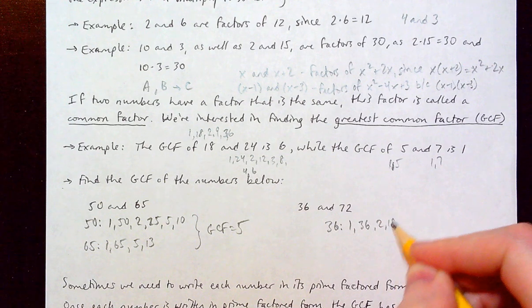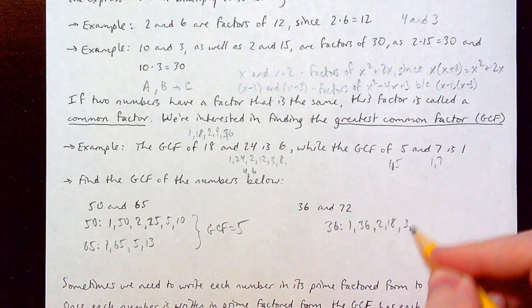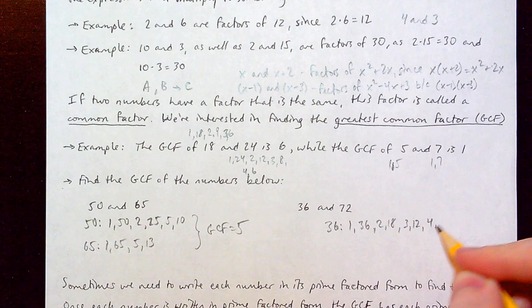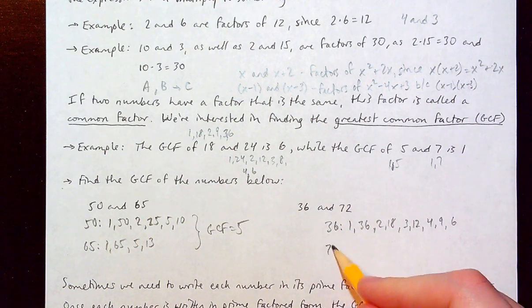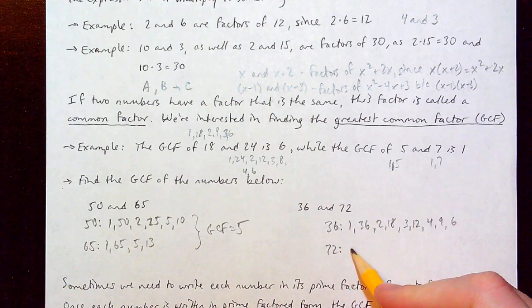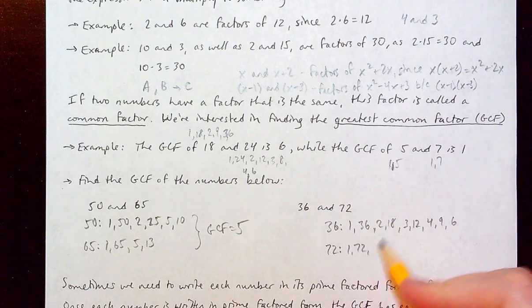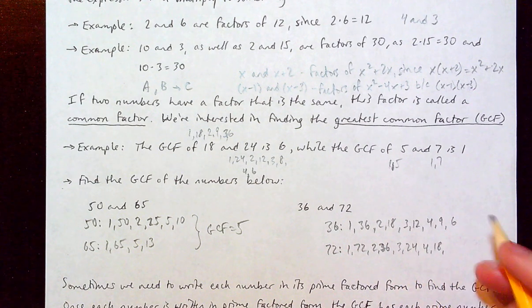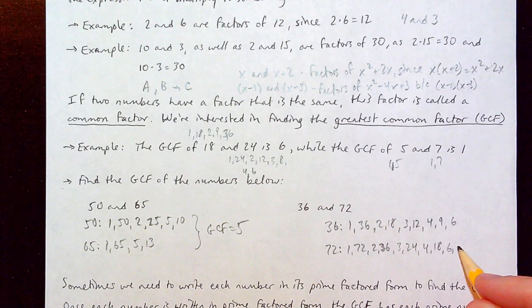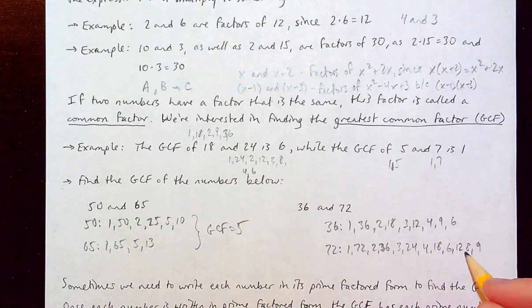I have 2 and 18, 3 and 12, 4 and 9, and then there's 6 times 6, but we only write the 6 once. 72 is 1 and 72, 2 and 36, 3 and 24, 4 and 18, 6 and 12, and then 8 and 9.